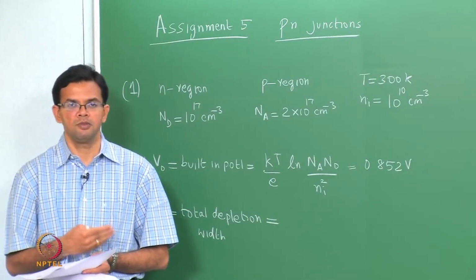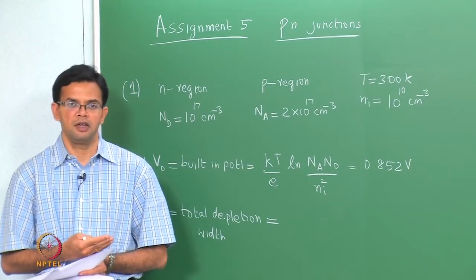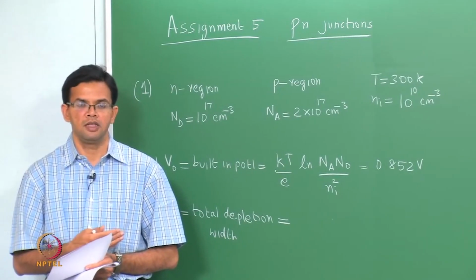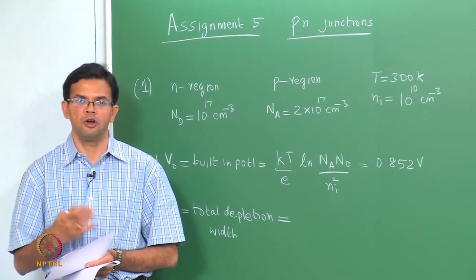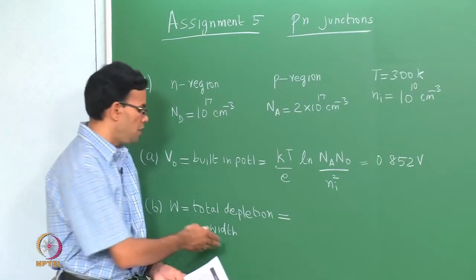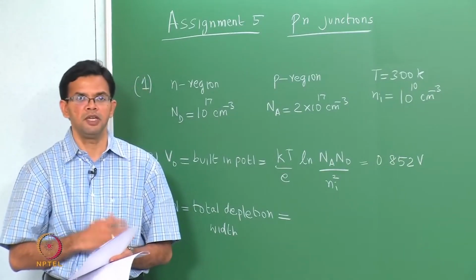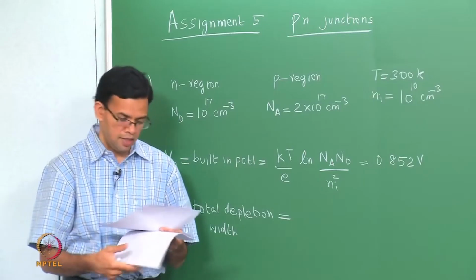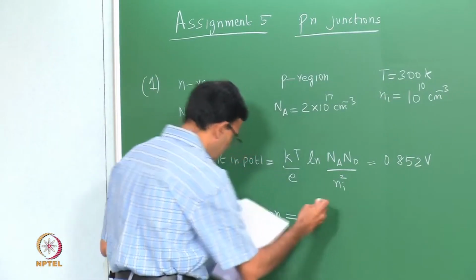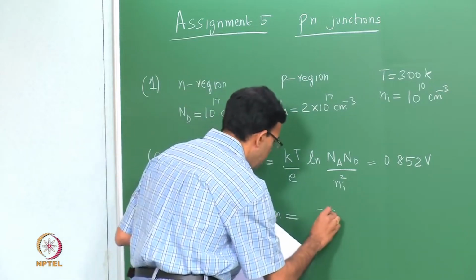We have seen this concept of a depletion width earlier when we looked at a Schottky junction. In that case the depletion width is almost entirely on the semiconductor side. Here the depletion width will be in both the p and the n side.